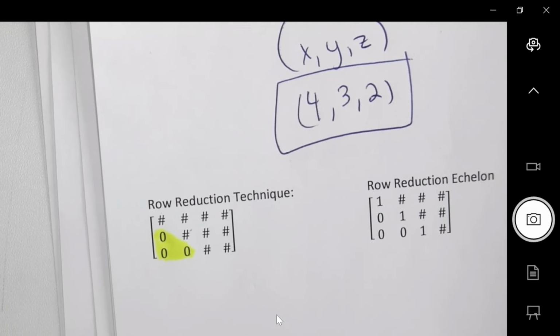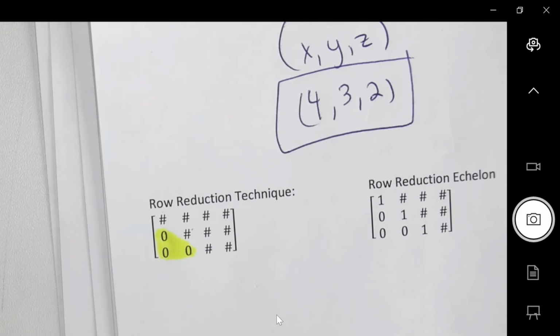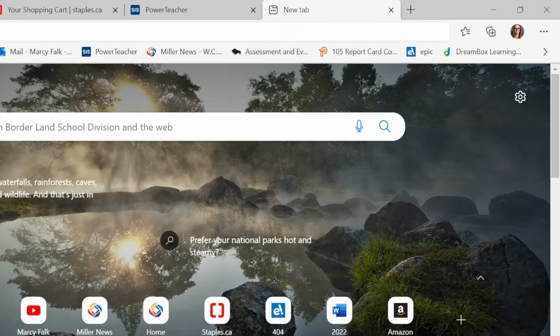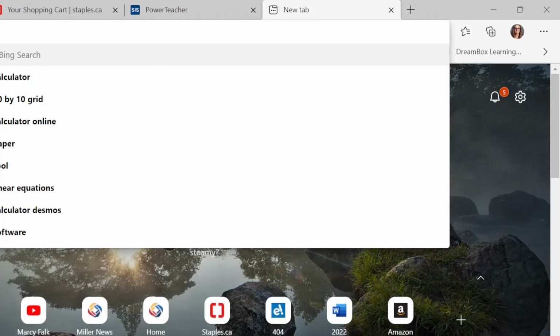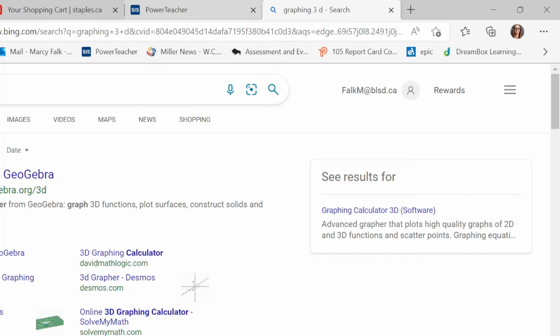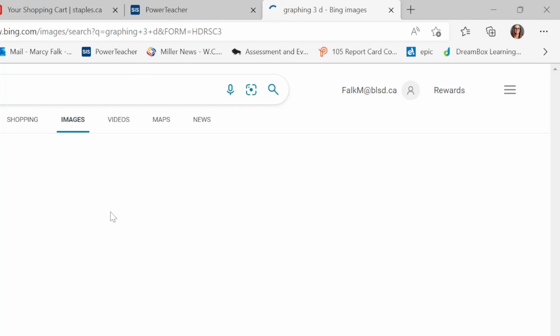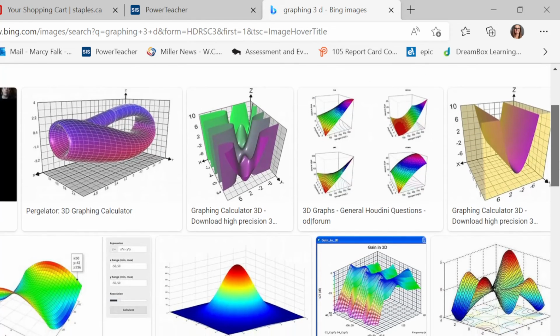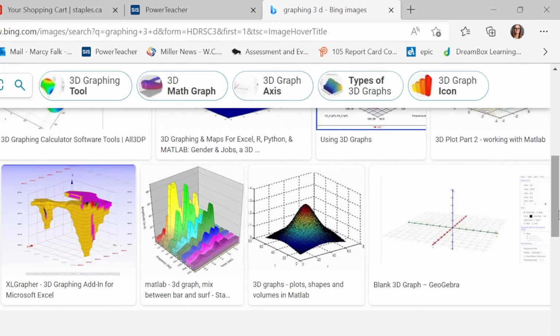My engineering people, right? Ethan and Rory, great. This you might see quite a bit in engineering. So what an x, y, z equation is, it's just a three-dimensional graph. So you know how we plot x, y's flat?